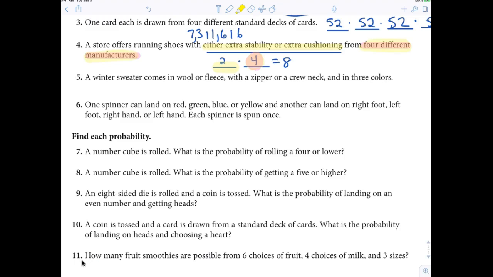All right. Ian, how are you doing today? Think you got it all under control now? Why don't you tell me number 5 then? So how many possibilities? How many choices do I have to make?